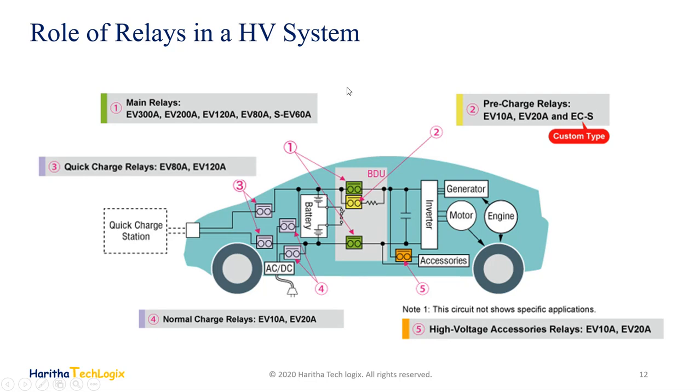As mentioned previously, there is a smoothing capacitor used in the high voltage electric vehicle. This smoothing capacitor is mounted between the high voltage battery and the inverter unit. The main purpose of using this smoothing capacitor is for reducing the inrush current in the system.